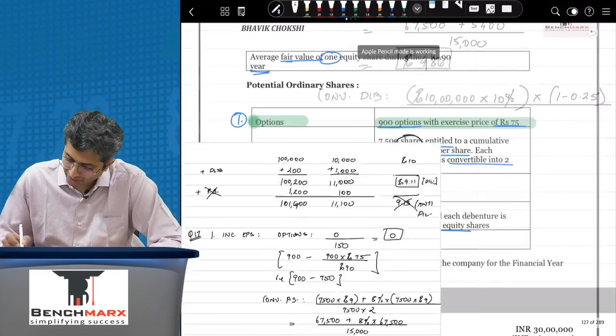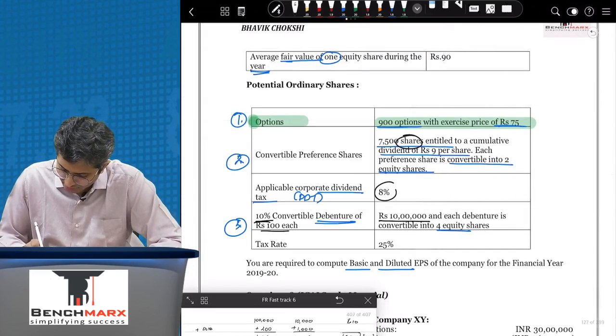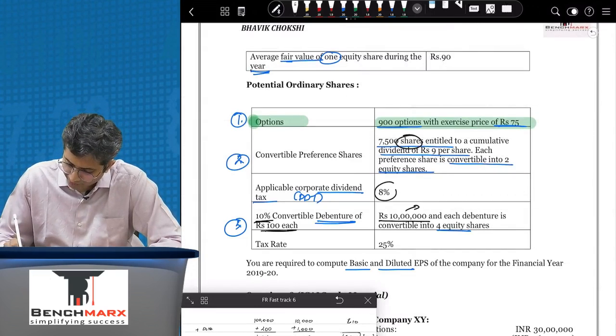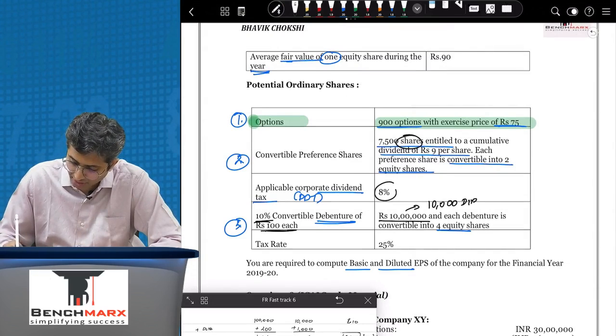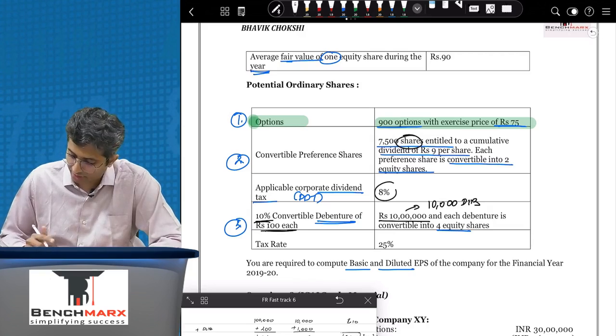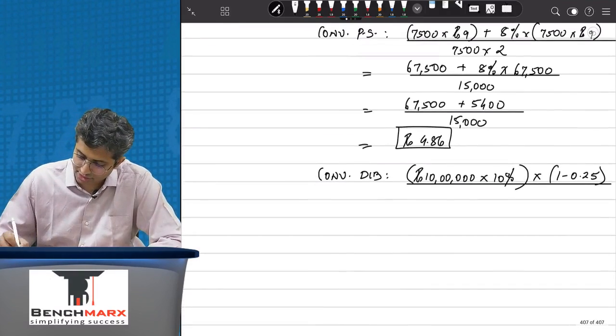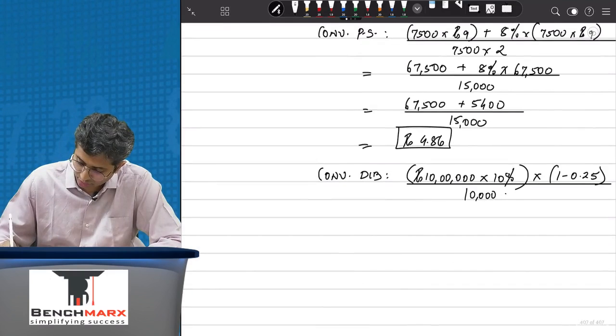What is the face value for each debenture? This is rupees 100. So this is 10 lakh rupees, which is equal to 10,000 debentures of rupees 100 each, and each debenture is convertible into 4 equity shares. So this is 10,000 into 4, which is 40,000 shares, and the net interest is 1 lakh into 0.75.